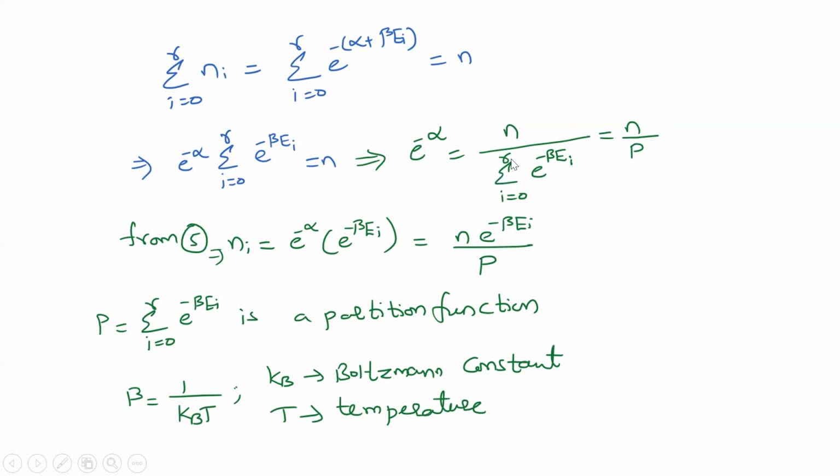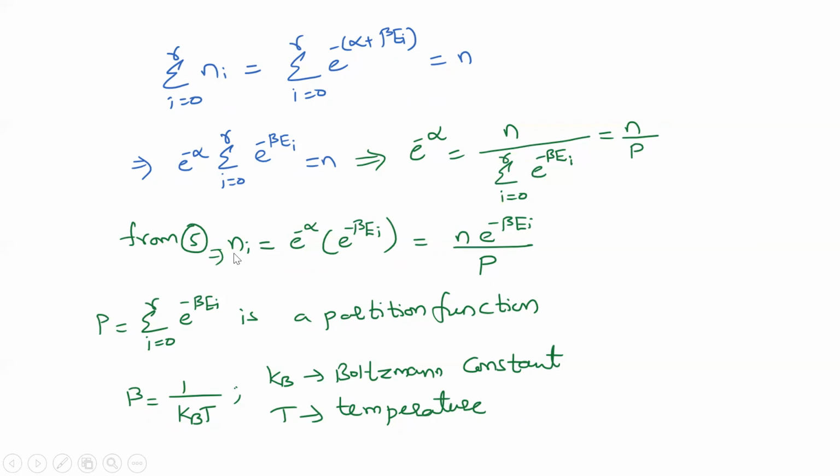This partition function P is constant because Ei is constant, the energy levels are fixed. Beta is a constant, Ei is also a constant, so this is N by P.